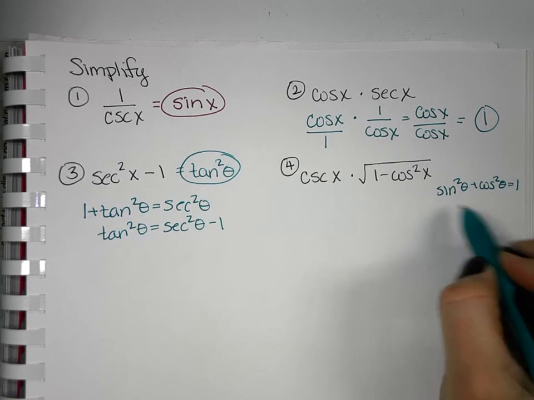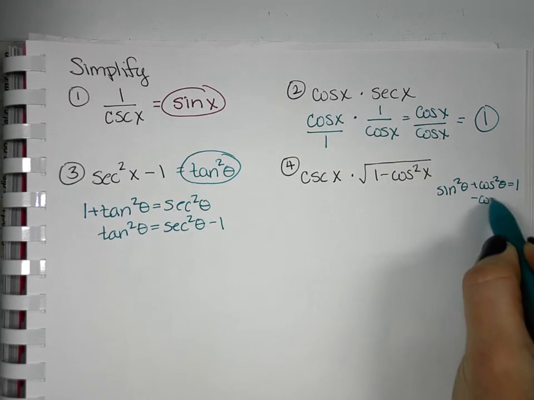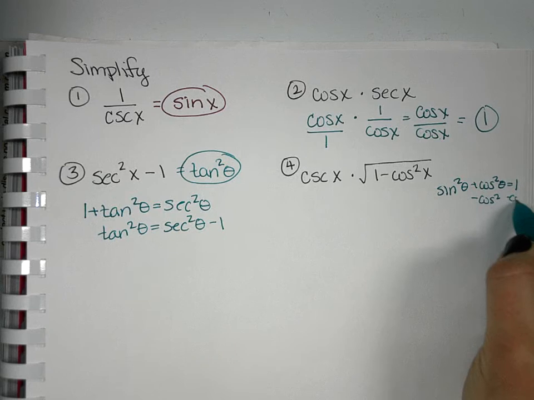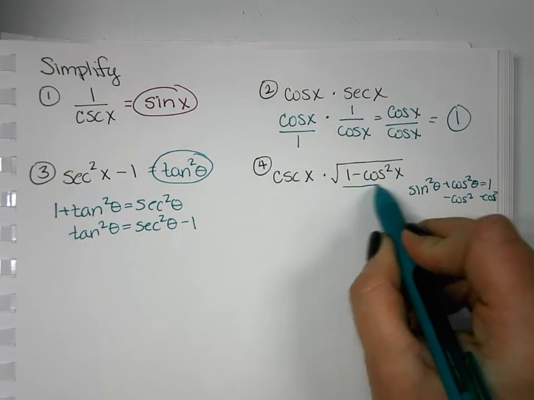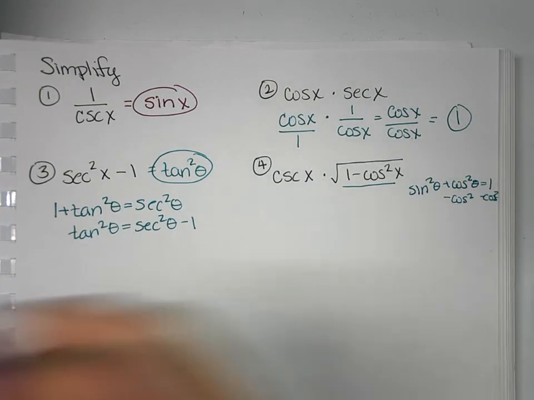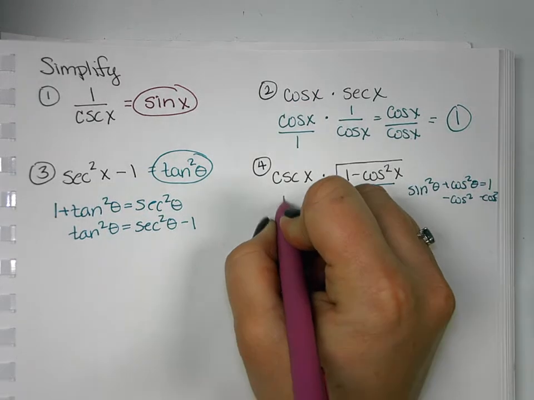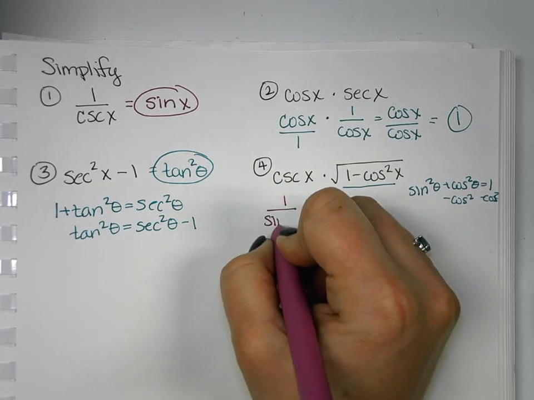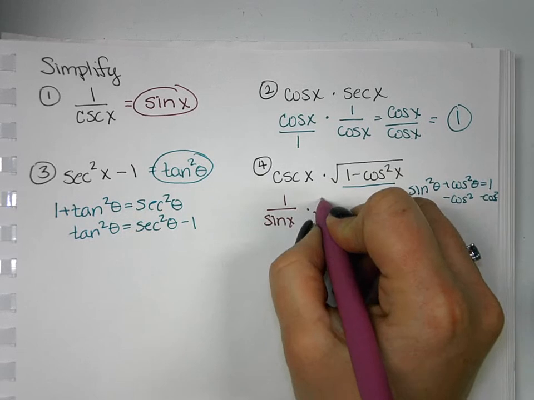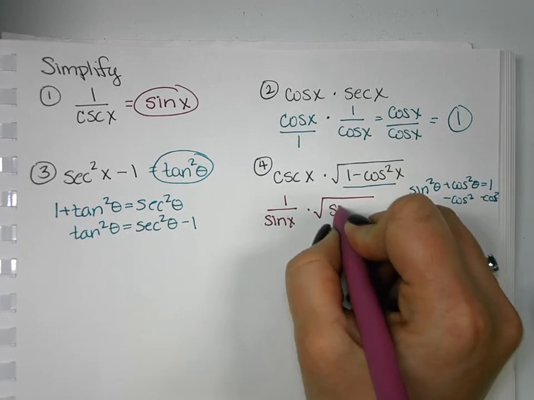Well, if I solve for sine, I'll subtract cosine from both sides, and I end up with what I have right here. So that means I can substitute. I'm going to change this to 1 over sine, its reciprocal, and I can substitute in here sine squared x.